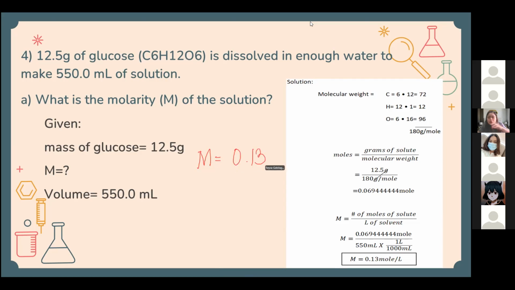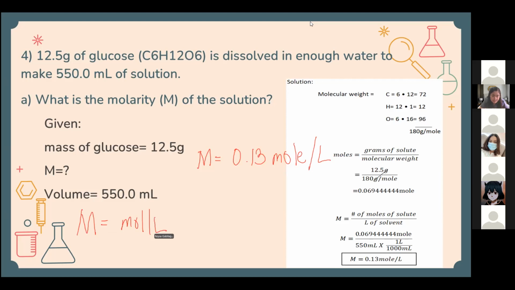Okay. You don't need to do that because what is being looked for in the problem is molarity. And molarity is equivalent to, wait, let me write this. Capital letter M is equivalent to moles per liter. Okay? Moles per liter. You don't need to cancel the liters there. Because if you cancel the liters, what remains is just mole. And mole is different from molarity.